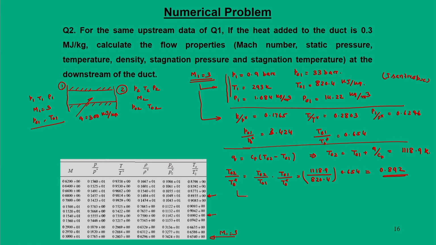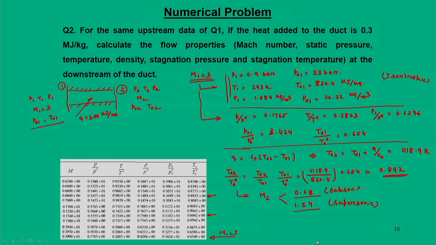So, this will give you your M2 can be 0.68 or M2 can be 1.54. So, there are two values, one is subsonic, other is supersonic.